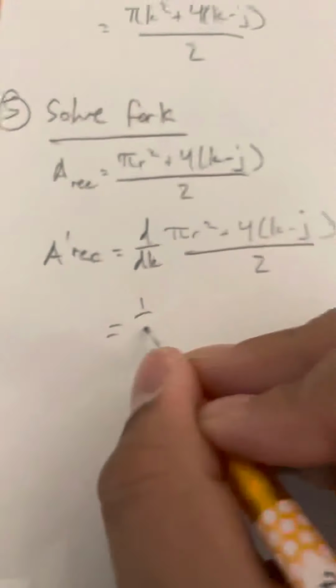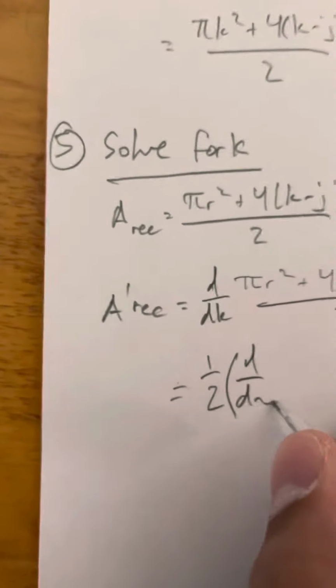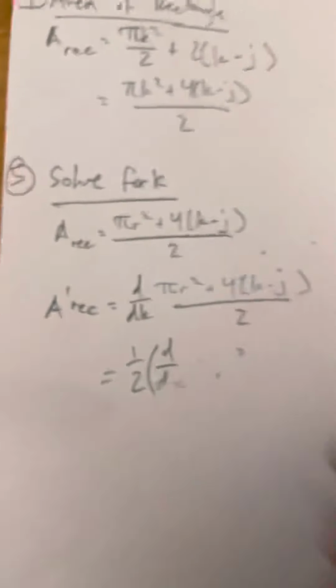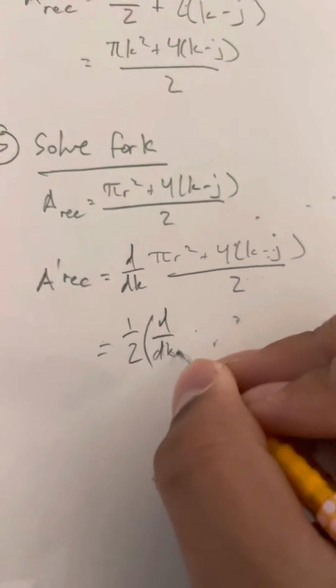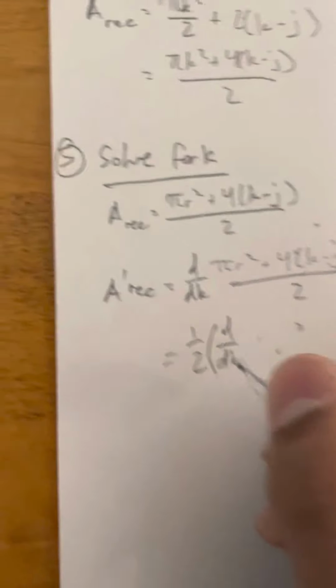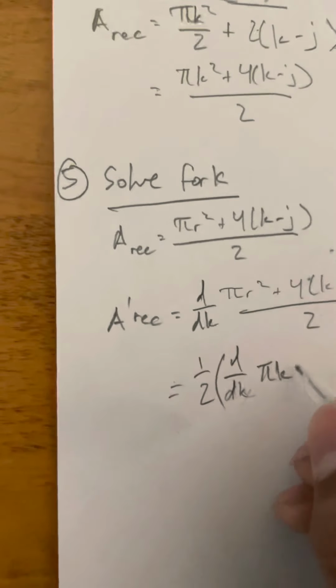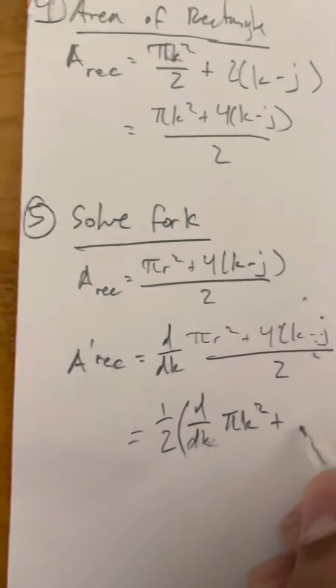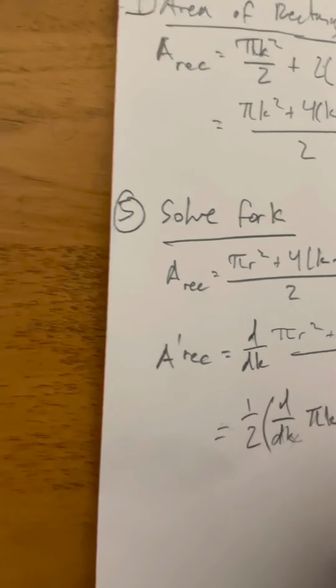We're going to have to add the constant in front, and then we can do this. Here you go. Pi k squared plus 4 d over.